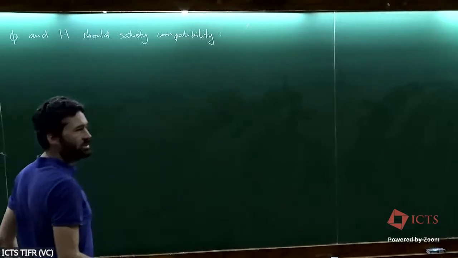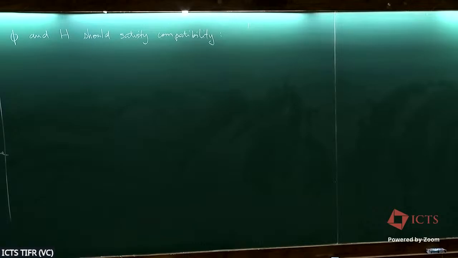Compatibility in general means that it is a condition coming from the fact that these quantities are not independent. They derive from lower level quantities, and in this case zeta is the low level quantity.